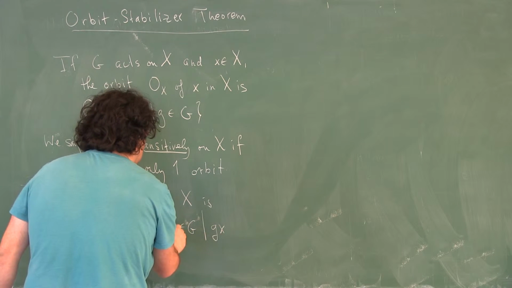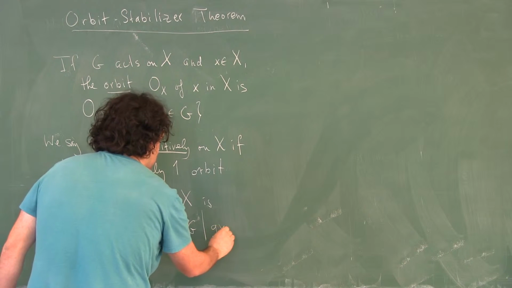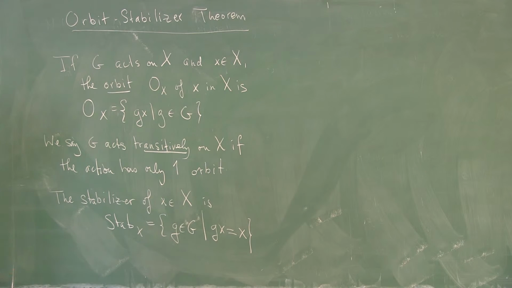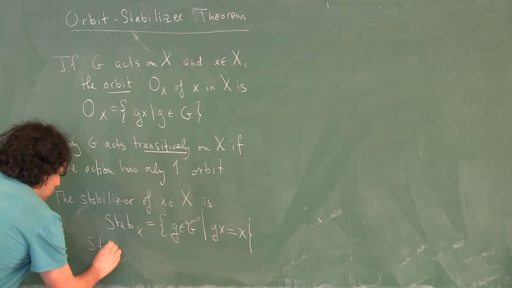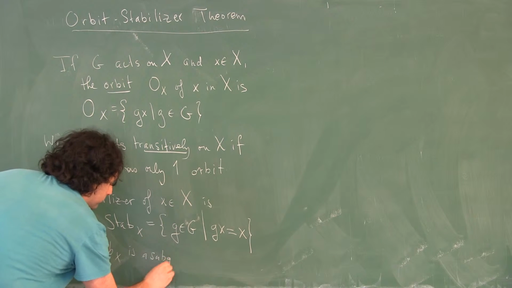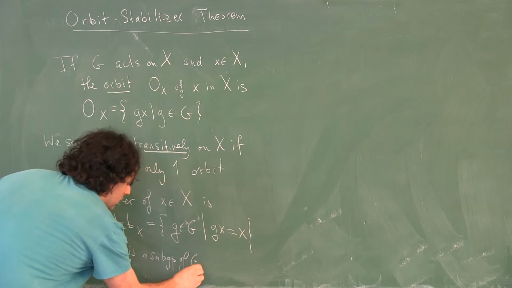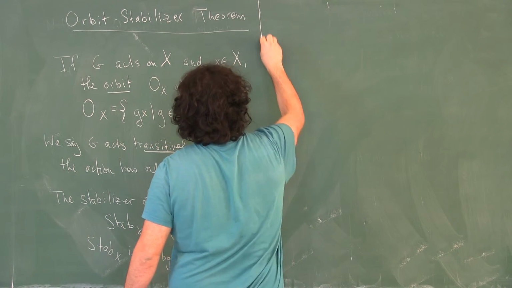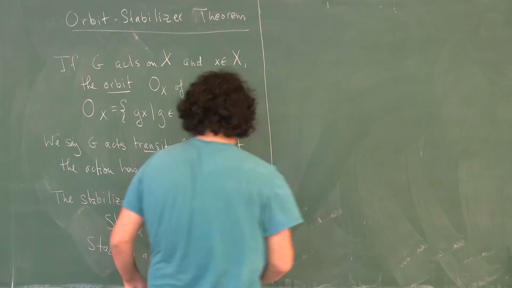So the set of little g in big G such that gx is equal to x. And you can check easily that the stabilizer of any point, stab x, is a subgroup of G.